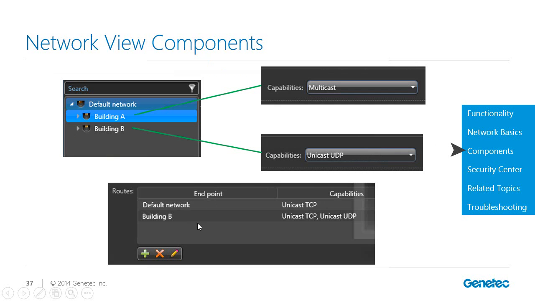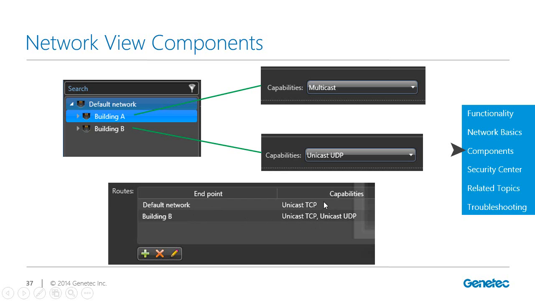The route table below that is how we define the connections between the different networks. For each network that this network is able to reach, we should have a route to define how to connect between the two. The capability of the route should be the lowest of the two capabilities on the networks.